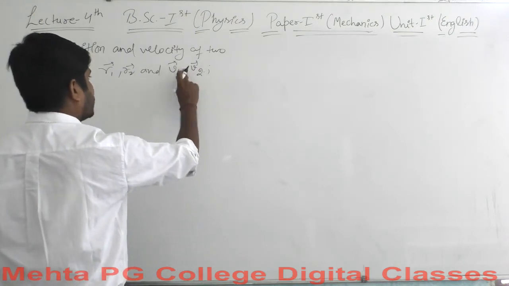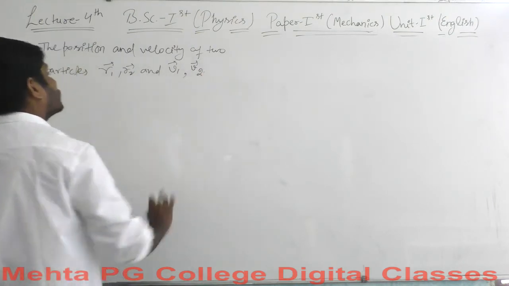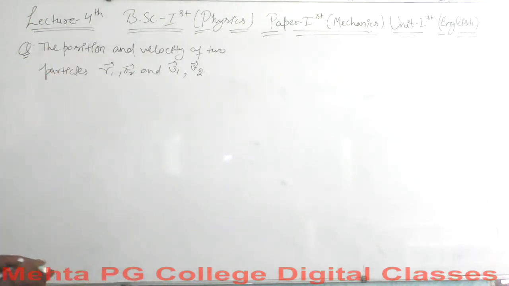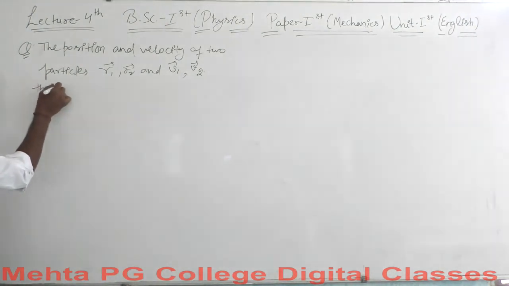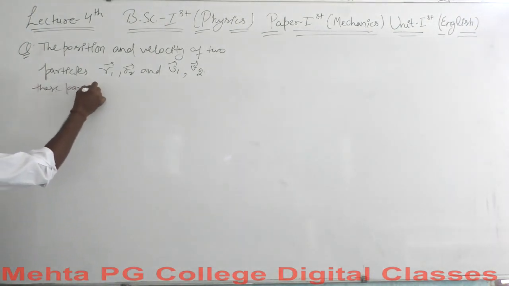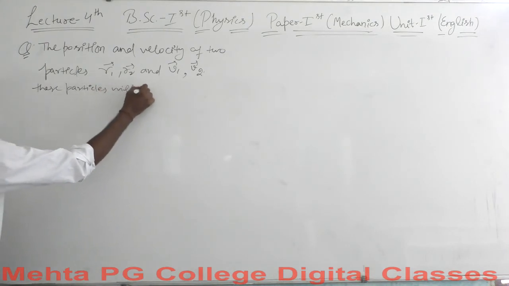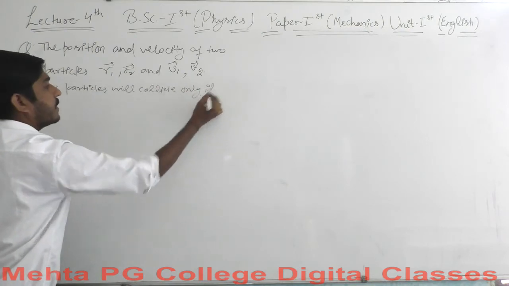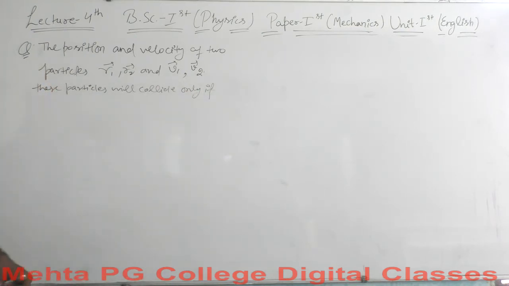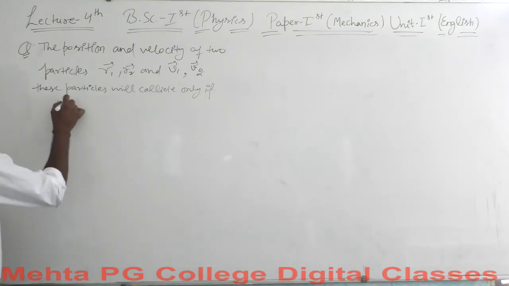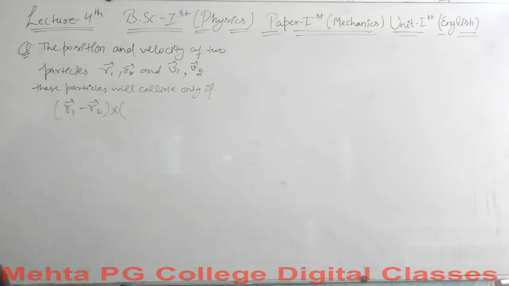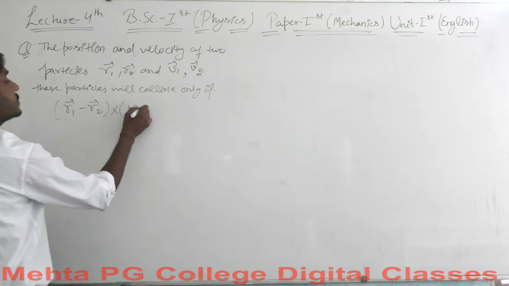These are the position and velocity given to us, and we are to prove that these particles will collide only if r1 vector minus r2 vector into v1 vector minus v2 vector will be equal to 0.